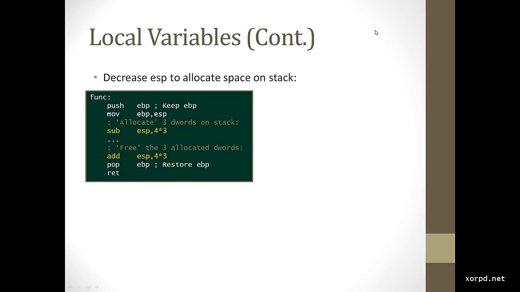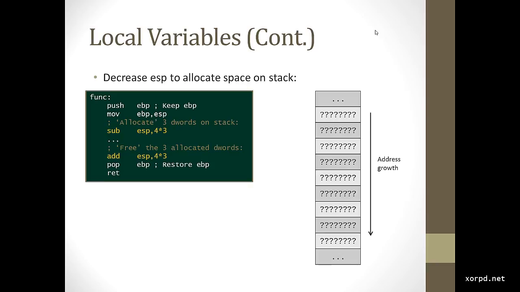Let's visualize this on the stack to see what really happens. This is a drawing of the stack, and as usual, we assume that the address growth is in this direction, which means that 0 is on the top and the addresses increase as we go down. Assume that we got to the first instruction inside this function, which is push EBP.